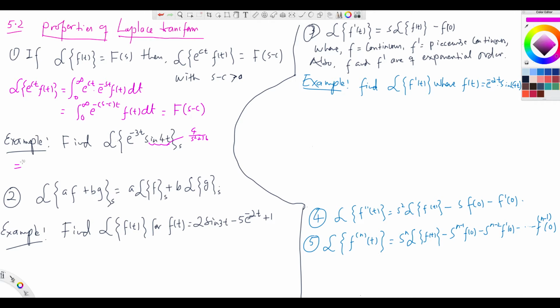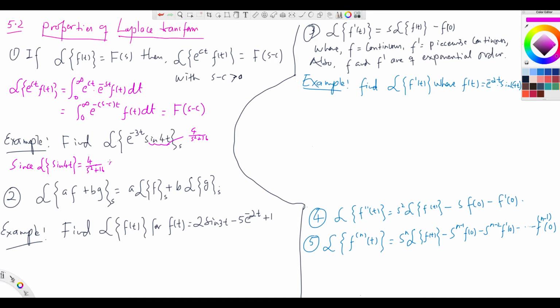So let me write it like this. Since the Laplace transform of sine 4t equals 4 over s squared plus 16, this is F(s). Now you have to replace s by s plus 3, because there is a negative. If there is a positive c, then it will be s minus c; if there is a negative, then it will be s plus.